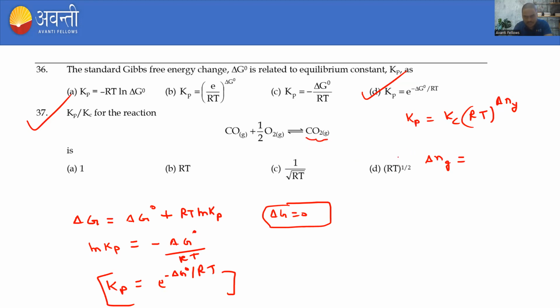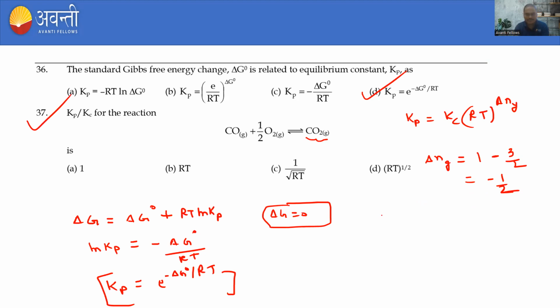Product side gaseous moles, that is 1, minus reactant side, that is 1 plus 0.5, that is 3 by 2. So 1 minus 1.5 comes out to be minus 1 by 2.